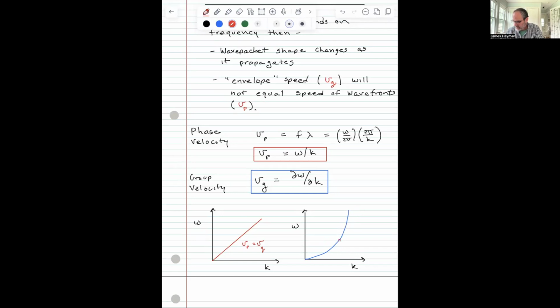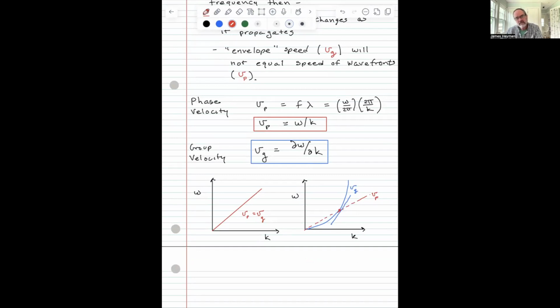If we pick some point on the curve like this one, you can see that omega over k is that, but the slope of the curve at this point is something completely different. Okay? And this one, the slope of the curve gives us v_g, whereas omega over k itself gives us v_p. So these won't be equal if the relationship between omega and k is not a straight line.